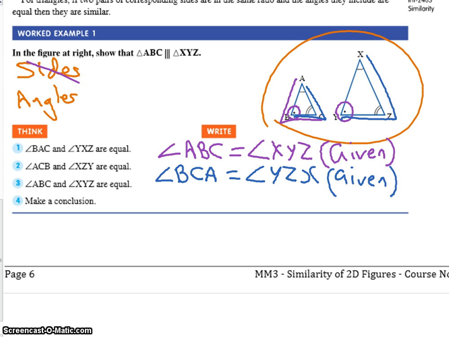There is a YZX now. Okay, last one. Let's get this done before we're finished. Angle BAC, yeah? So that's going that way. Angle YXZ.